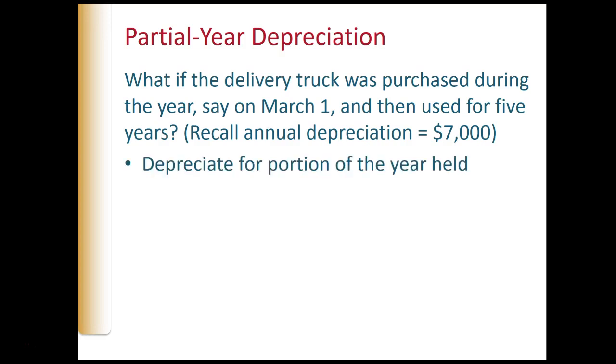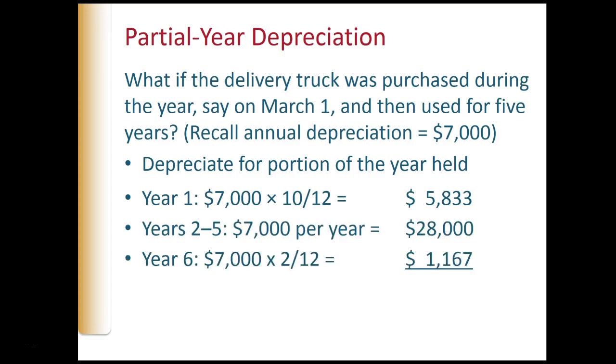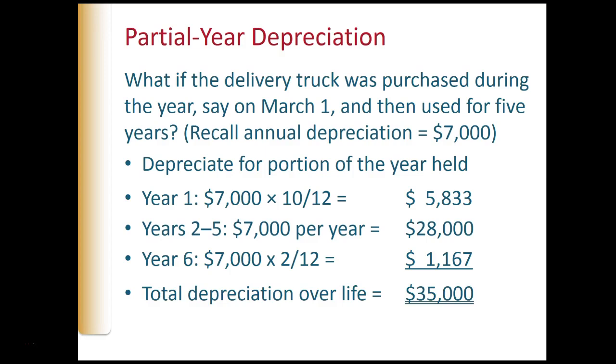Now, what if a delivery truck was purchased during the year, say March 1st, and then was used for 5 years? What we would do is depreciate for the portion of the year that the asset was owned. So in this case, if the asset was purchased in March, then we would take 10/12, which means 10 months out of 12 months it was utilized during the first year.